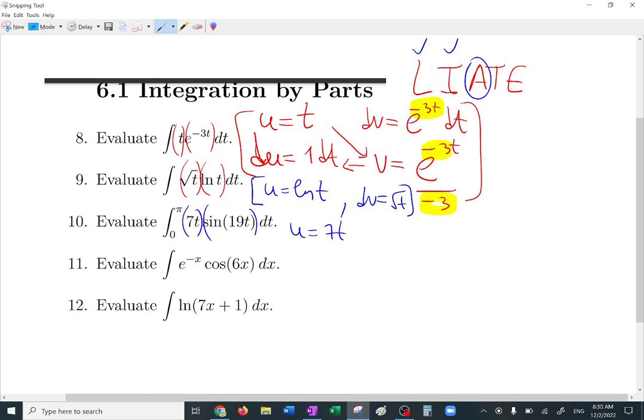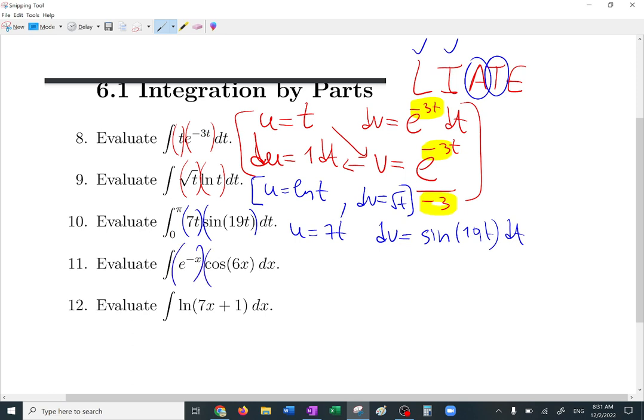We have algebra and trig. Algebra is first in order. So the suggestion says try algebra. If not, then you can do the other one. But it should work. Then dv is the leftover, sine 19t dt. Again, integrating sine 19t requires u substitution or a shortcut. The u substitution shortcut says integrate sine, and you know it's minus cosine, and then divide by 19.